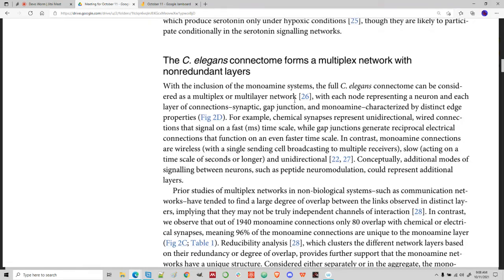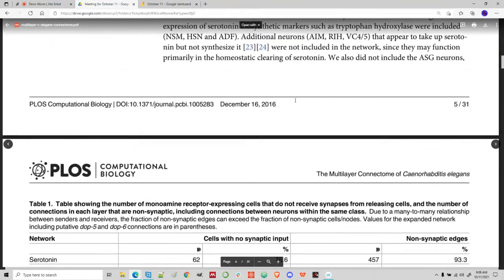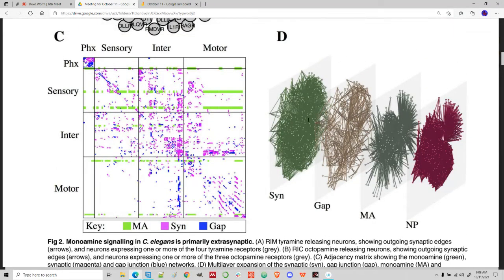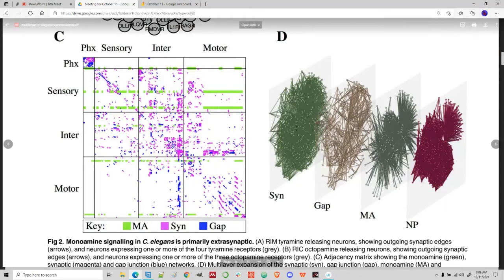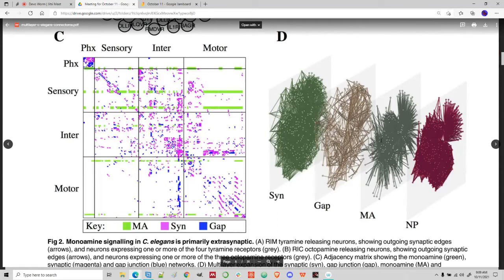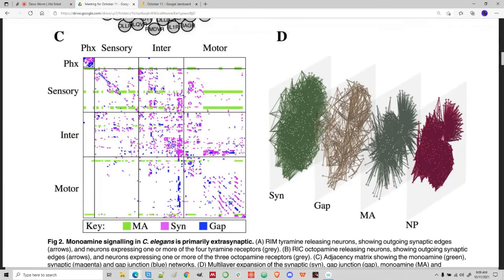You can put these different network topologies on top of one another because the entire nervous system has all these different things going on simultaneously. So you can stack these on top of one another, and when you're considering one type of neurotransmitter versus another type of neurotransmitter, the topology shifts. And so then you can say things about behavioral circuits.